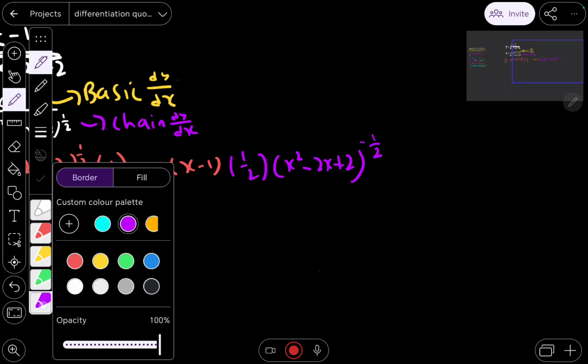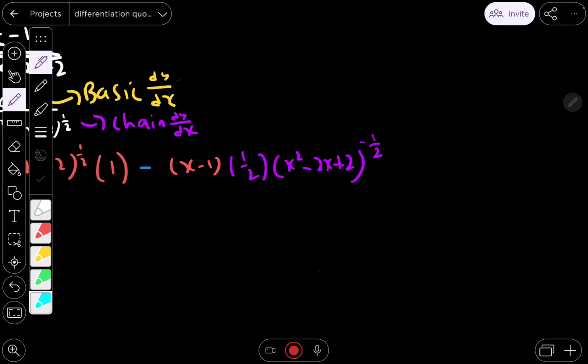So you do notice that there's a constant here. So ask yourself, when we differentiate this, what kind is it? We have learned 4 and only 4: basic, chain, product, quotient. Which one is it? Basic, right? It should be a basic differentiation.